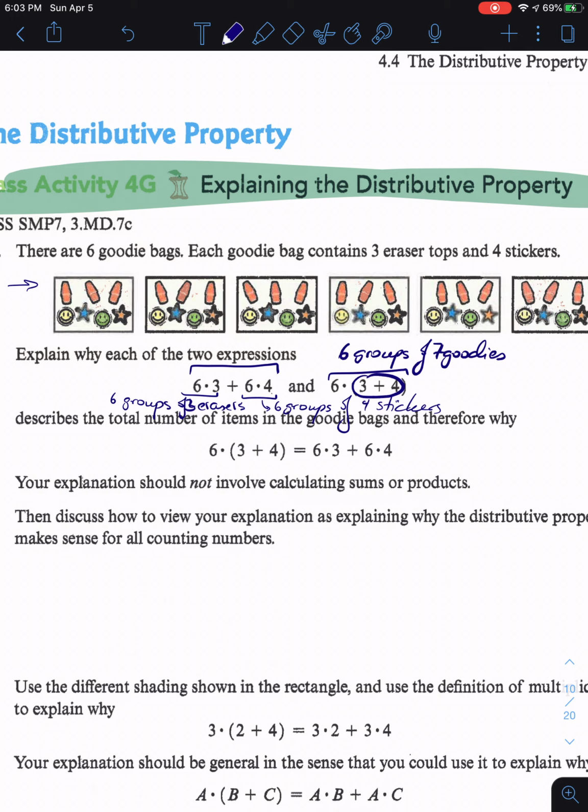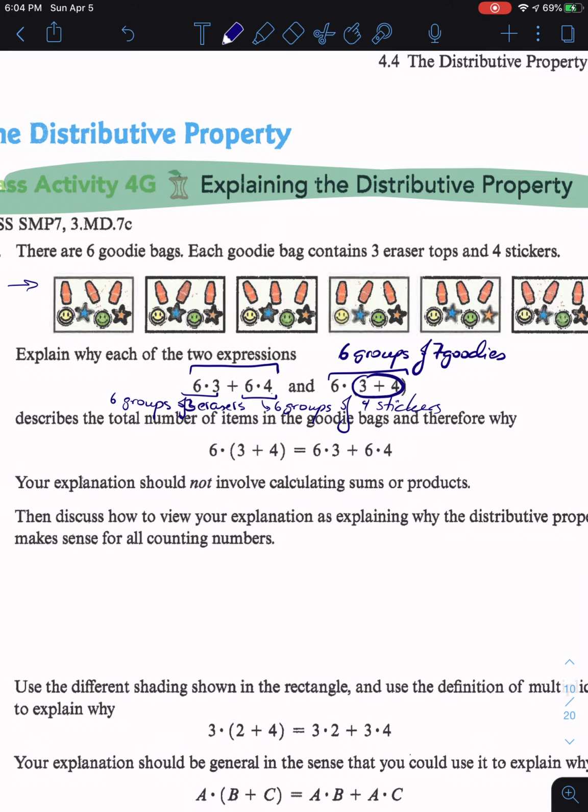So in the second example, first we count the number of goodies there are in each of the groups, and then we multiply the 6 groups times that many. Versus in the first part we counted how many total erasers we have and then how many total stickers we have. Should we come up with the same answer? But of course we should.